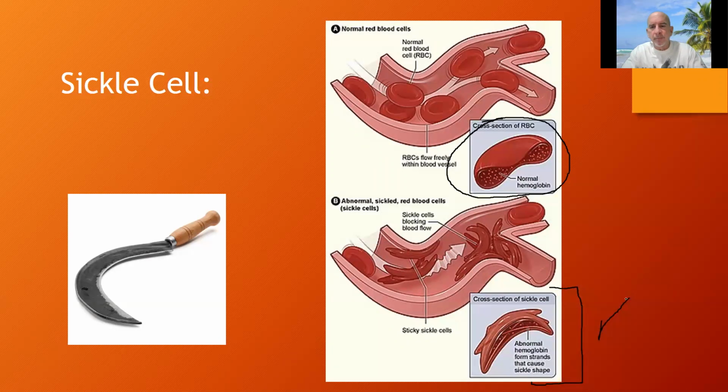Sickle cell is a genetically inherited disease. It is a recessive genetic disease, meaning if you have one parent that's not sickle cell and one parent that is, the non-sickle cell genes will dominate and the child will not have sickle cell.